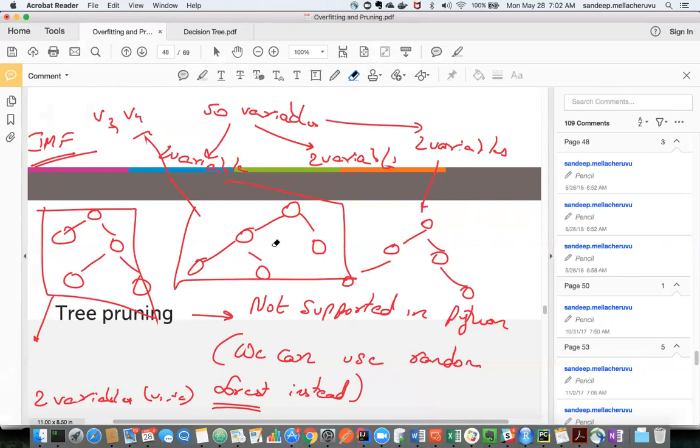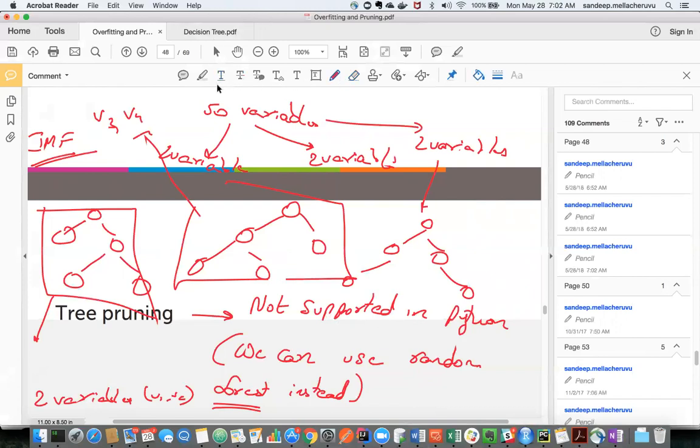Now, because it has only two variables, this tree is not going to grow too much. So each tree is much less complicated. The complexity of each tree is not that much. It's very less. So that's why in Python, they removed this. They did not create any support for pruning because they realized that this is not really important.